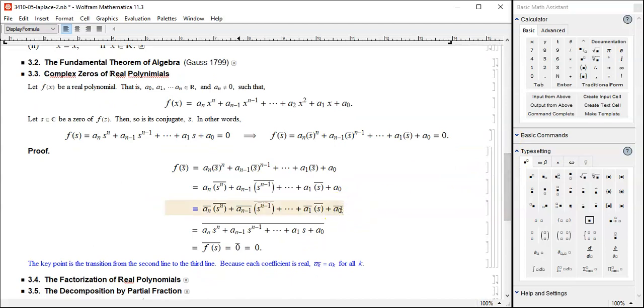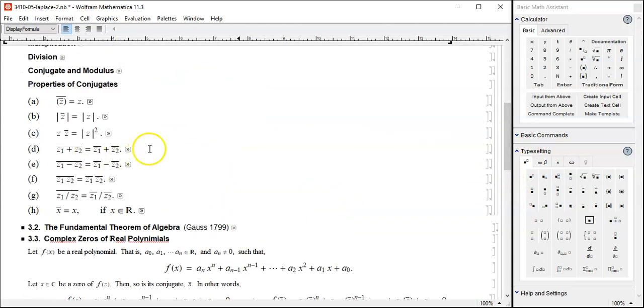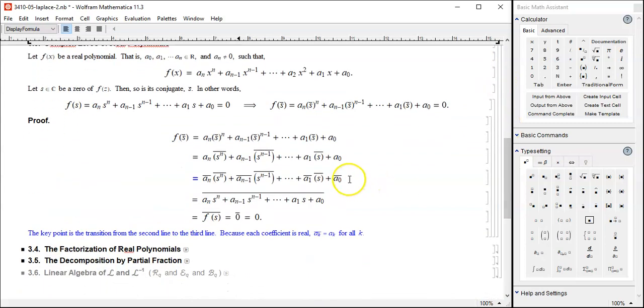Okay, they're all real, and then they all have conjugates now, so let's put everything together. It does not matter whether you take conjugates before addition or after addition. They're the same, so we can put all those together, and we take the conjugate later, and we do addition first.